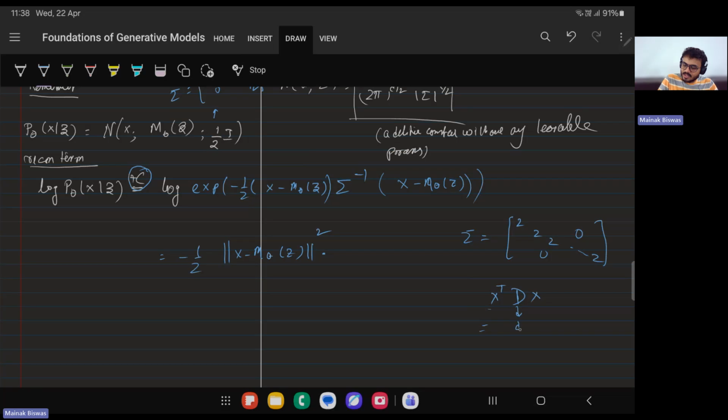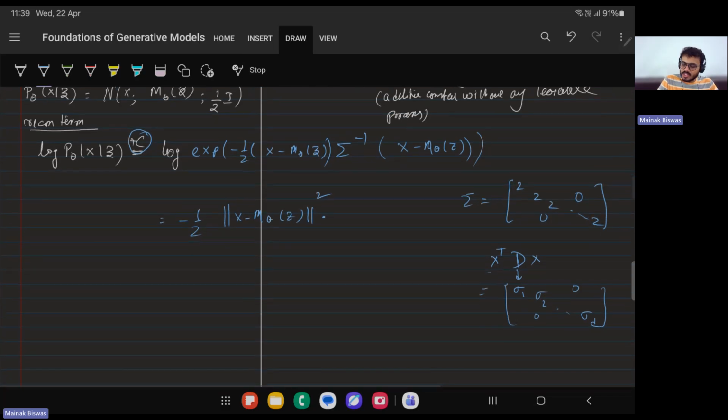We have shown last day, if the diagonal matrix is D1 dot dot dot DZ, or D, let's write it sigma 1, sigma 2, and sigma D. So it's just like weighing. x transpose x is the summation of xi squared, from i equal to 1 to D. This is just an L2 norm.